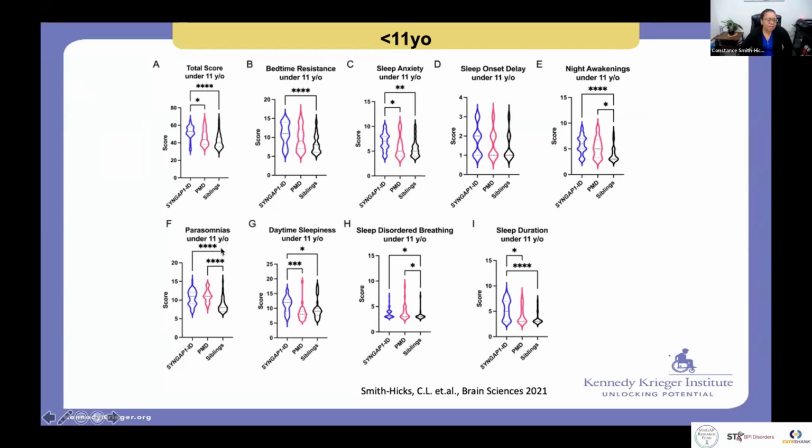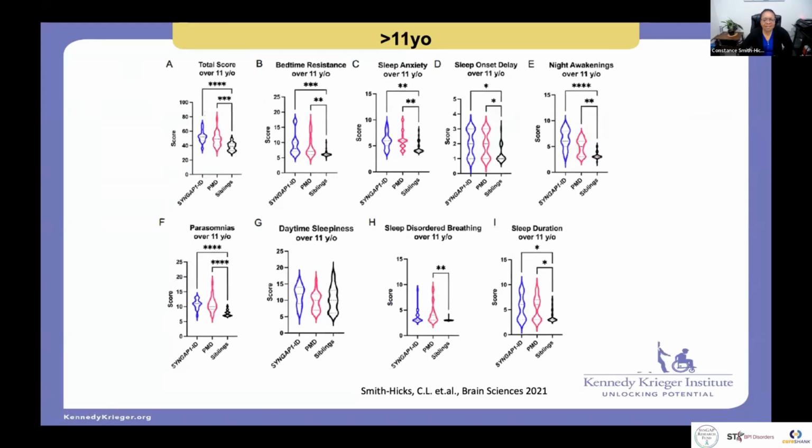As for parasomnias, there was no difference between those with SYNGAP1 and those with PMD, and both disorders had more increased severity of parasomnias as compared to typically developing siblings.